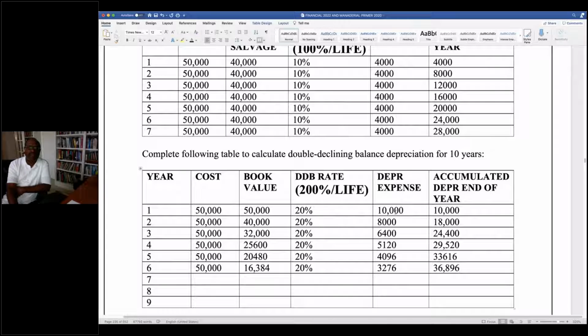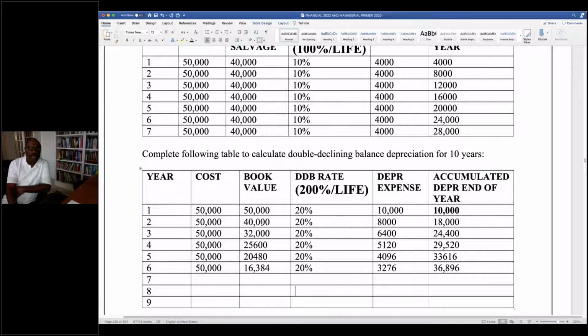Do you see line 1? Yes, sir. Let's go to line 2. The book value in line 2 is cost minus whatever's here. I'm going to bold that. So the book value in year 2 is cost minus the accumulated depreciation at the end of the prior year.